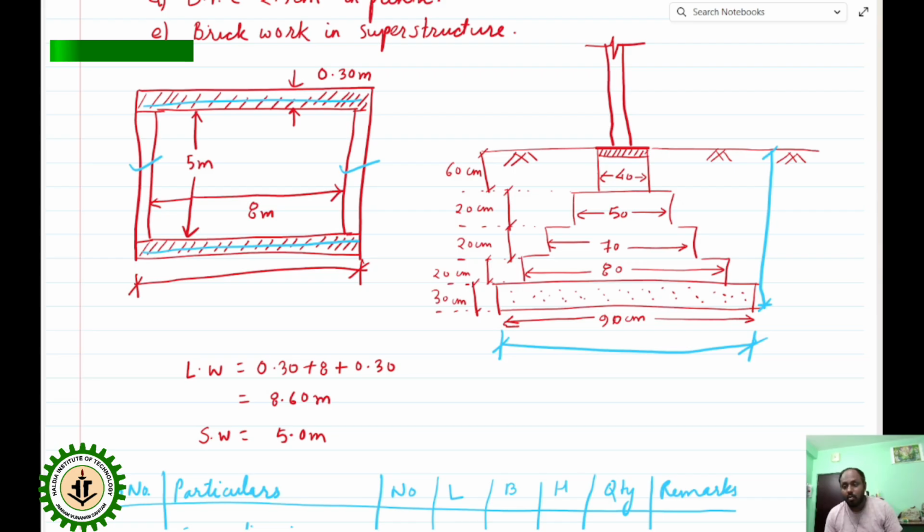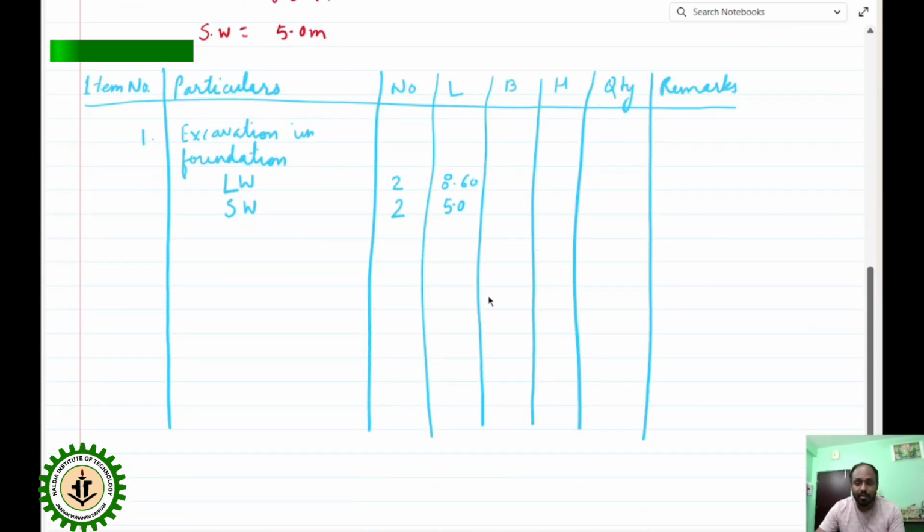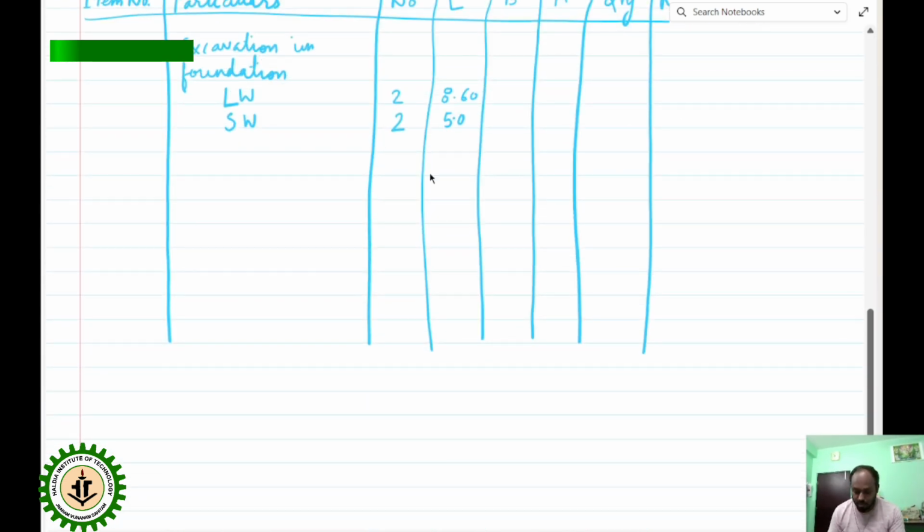It will come as 150 centimeter. And this one is given as 90. So in width, we will write 0.90, 0.90. Height is 1.5, 1.5.